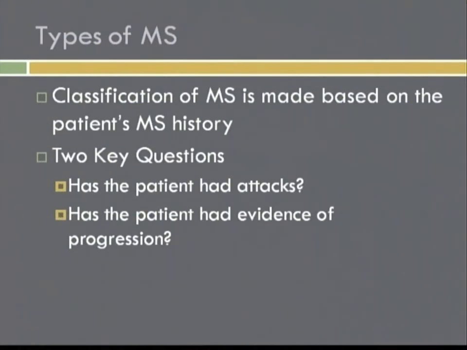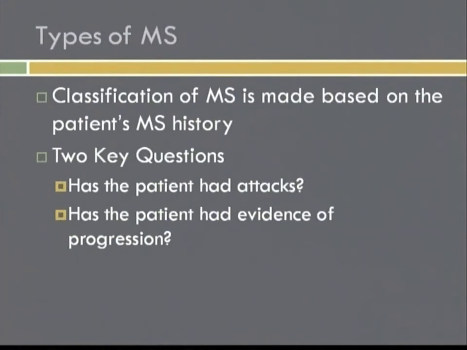And there's 2 key questions that we ask in order to make the determination of what type of MS they have. So the first question is, has the patient had any attacks? And we talked about what an attack is. And the second question is, has the patient had evidence of progression? And we talked about progression.